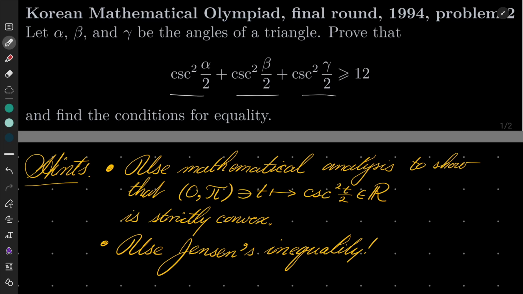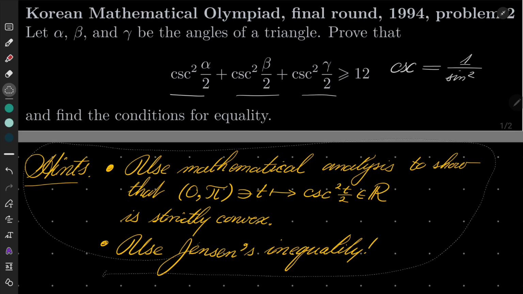And also remember that if you are not familiar with this notation, cosecant squared, cosecant is just 1 over sine. So give this problem a try and I will see you in a minute.